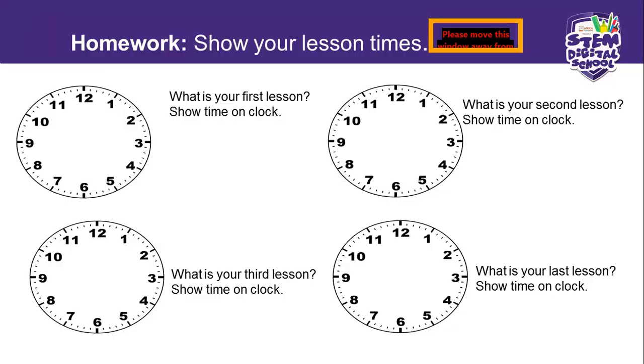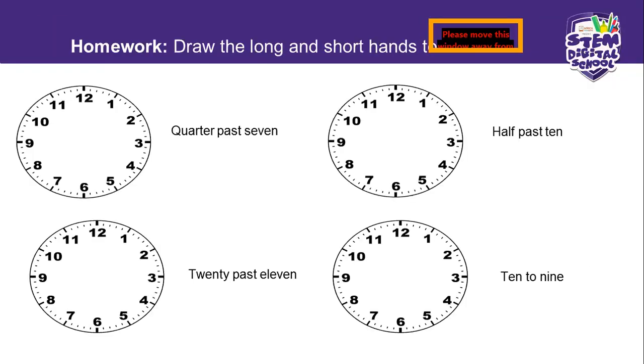Okay, so that is our homework, grade 2s. It is those 4 clocks. You represent these times: 7:15, 10:30, 11:20, 10 to 9.